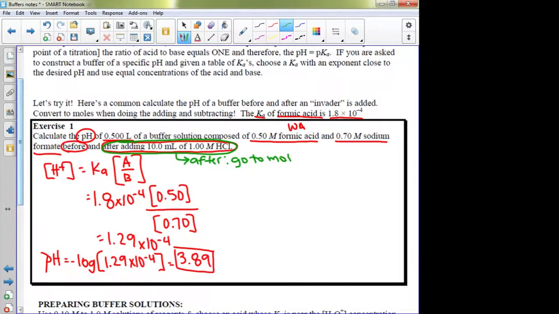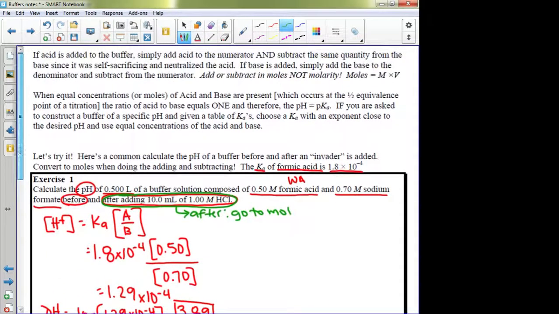Now, we are adding HCl. HCl is a strong acid. So we go up here, and we say, if acid is added to the buffer, we add acid to the numerator, and we subtract the same quantity from the base. Why are we subtracting from the base?